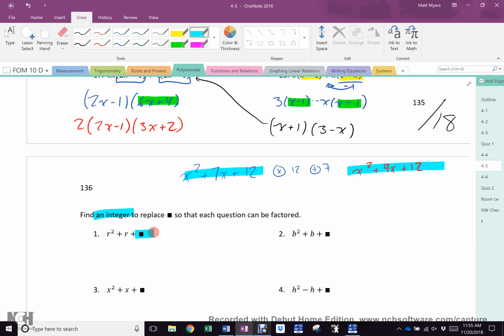So if I ask you to factor this, and you don't know what that is, you need numbers that multiply to what? You don't know. But they have to add to what? 1. Okay. So I need any two numbers that will add to 1. 1 plus 0. Oh, there's no such thing. Yes, there are. 0.5 and 0.5.